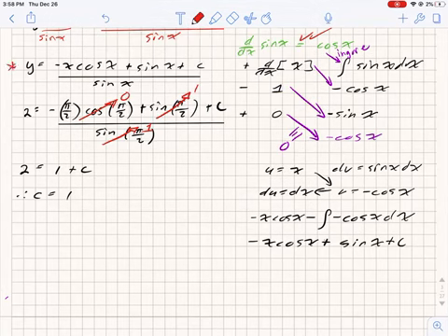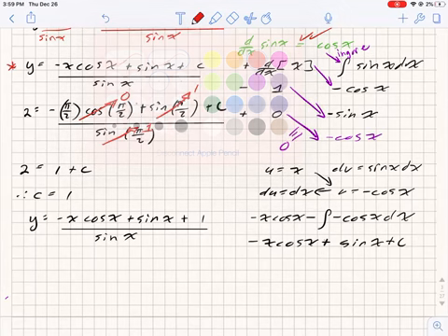Going back to this equation, we're left with y is equal to negative x cosine x plus sine x plus 1 all over sine x.